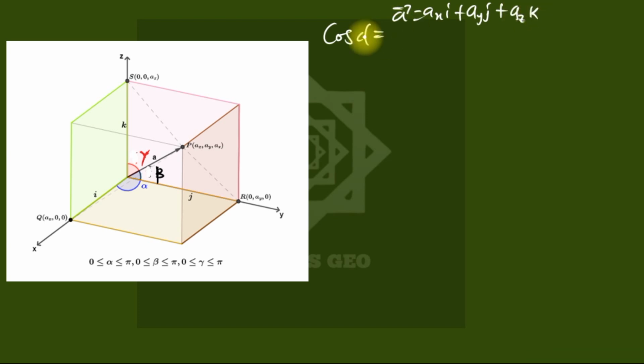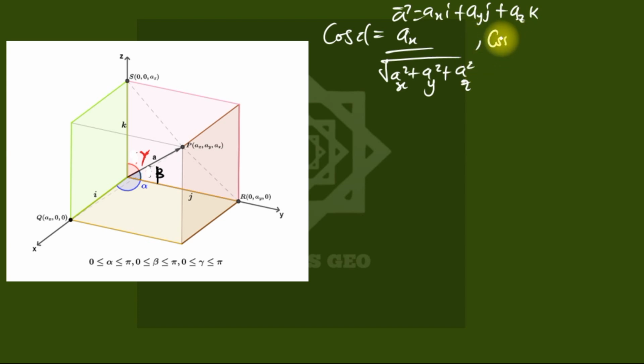So the direction cosine of alpha, that's cos alpha, is a_x over the square root of that, over the modulus or the magnitude. We've known this.